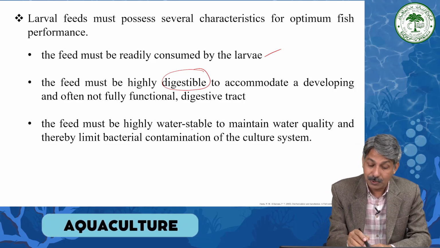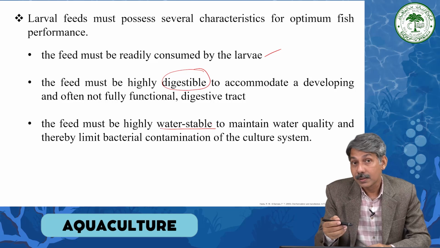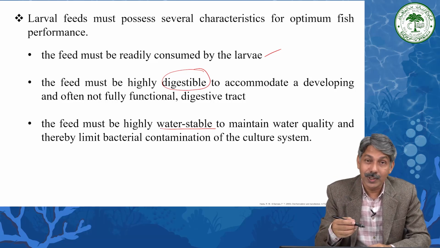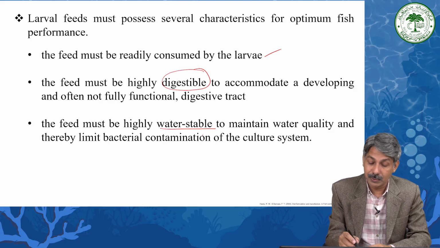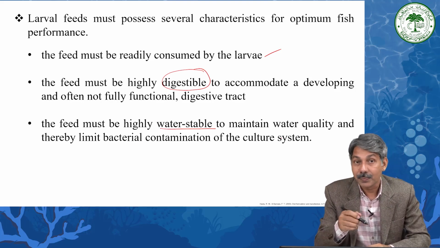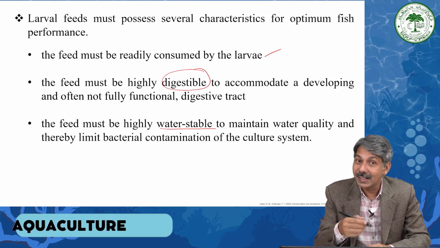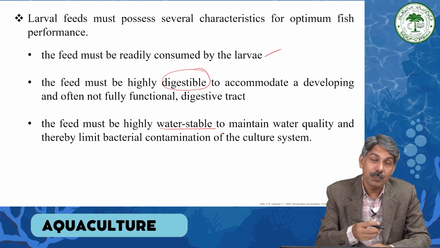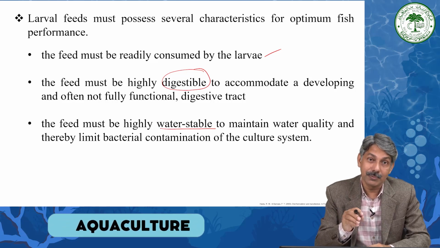Feed must be highly water stable. Because you are providing them very small size food, water stability may be a challenge, but you will have to ensure that the feed has good water stability, to maintain water quality and thereby limit bacterial contamination of the culture system. It's not only that they are not getting the nutrients you are providing in the feed if nutrient leaching is there.